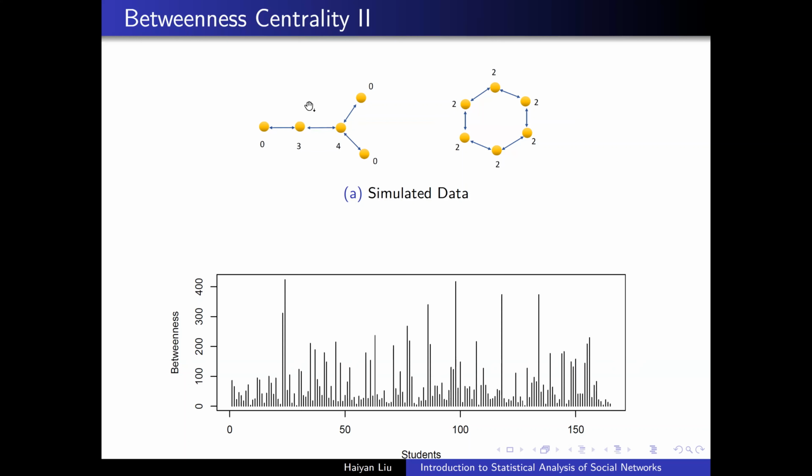So this contributes 1 to the betweenness centrality of this actor. Similarly, this actor is also involved in the shortest path between the first actor and the top actor. This contributes another one. There is only one shortest path, and it includes the second actor. In addition, the second actor is also involved in the shortest path between the first actor and the bottom actor, and there is only one such shortest path. So this contributes another one.